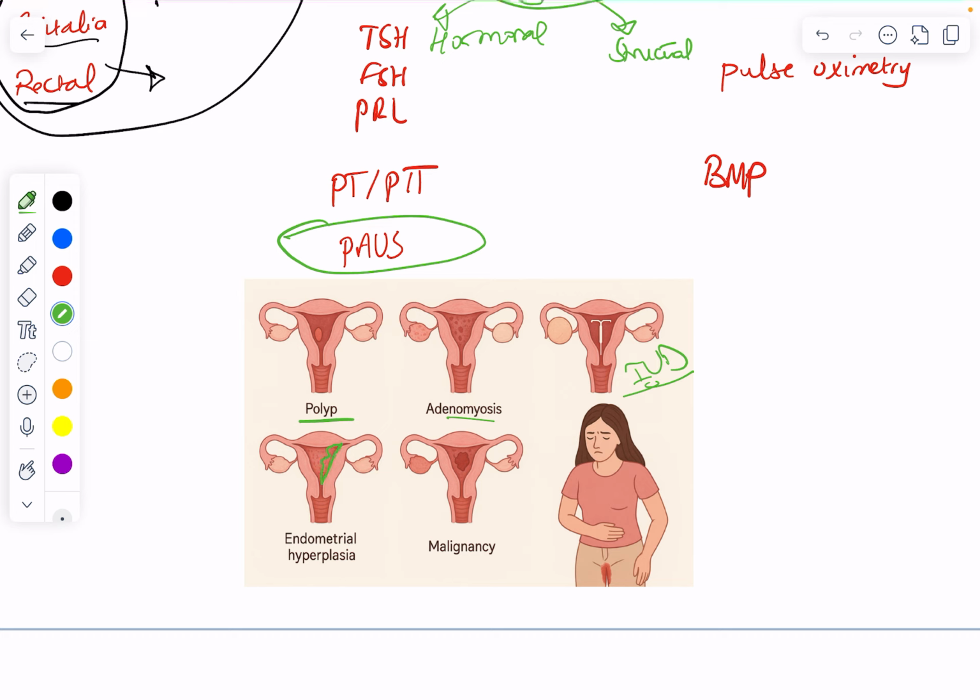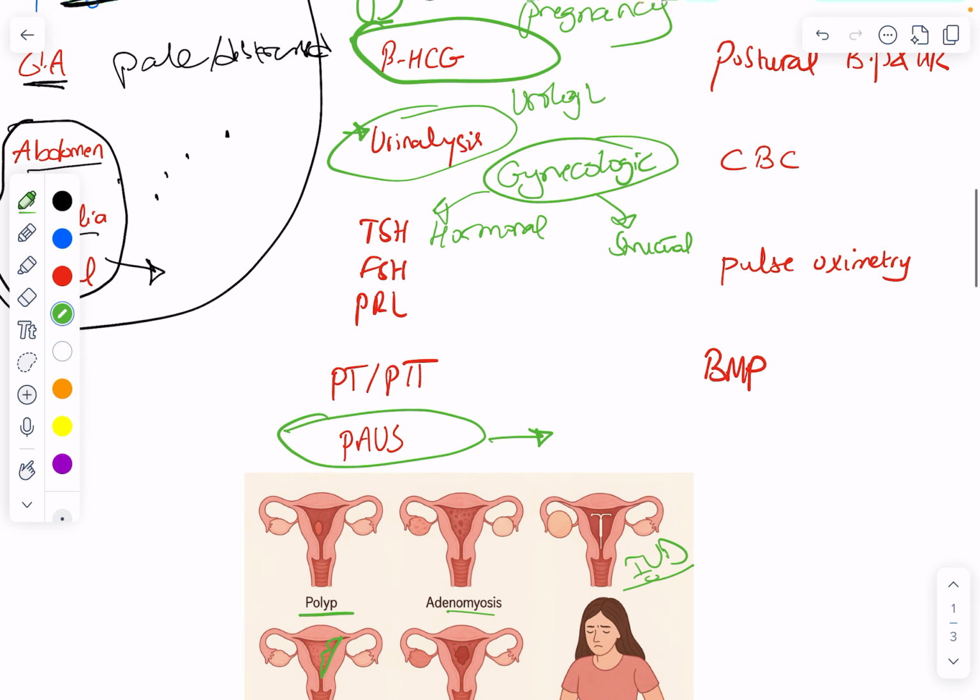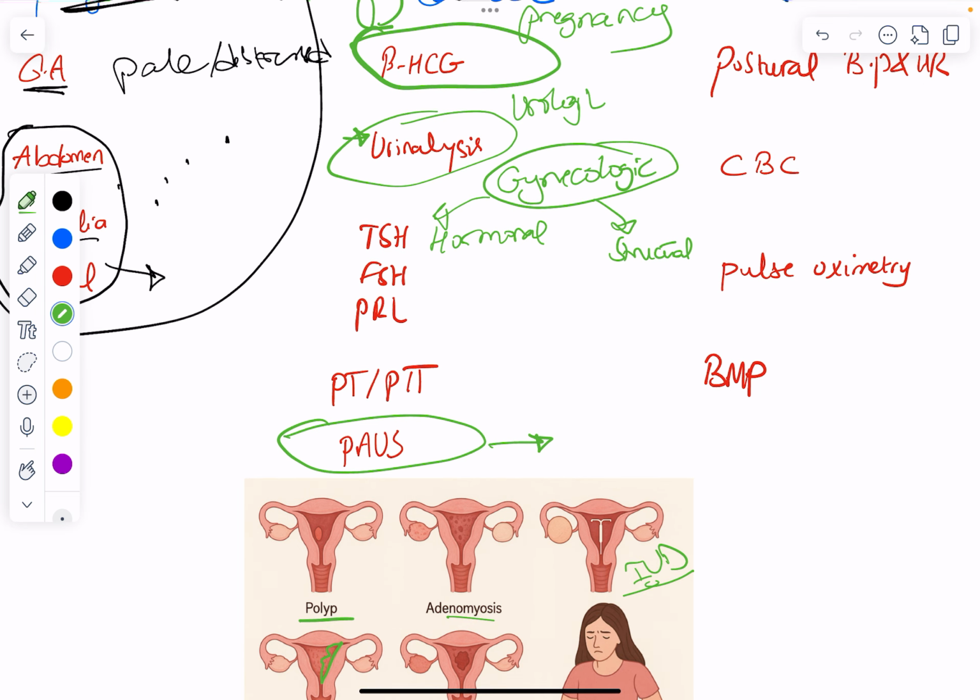So structural causes are going to be ruled out with a pelvic abdominal ultrasound. Now about the hormonal causes. Now there's so many hormonal disturbances that can lead to heavy menstrual bleeding or even intermenstrual bleeding, such as hypothyroidism or anovulation, right?